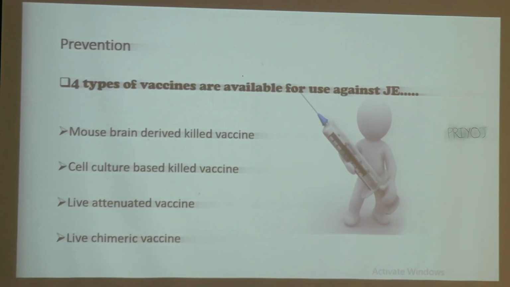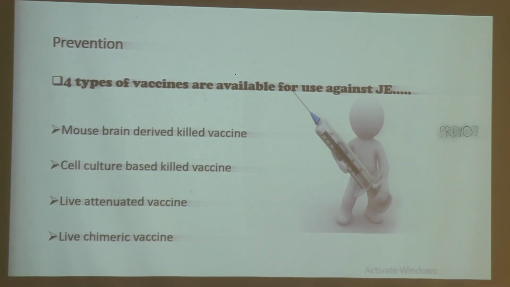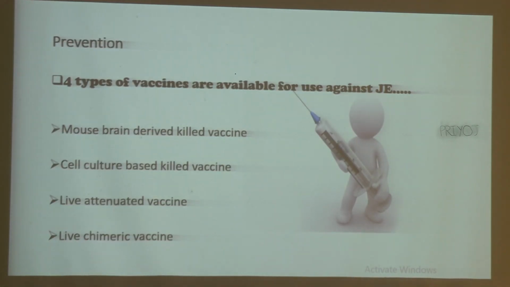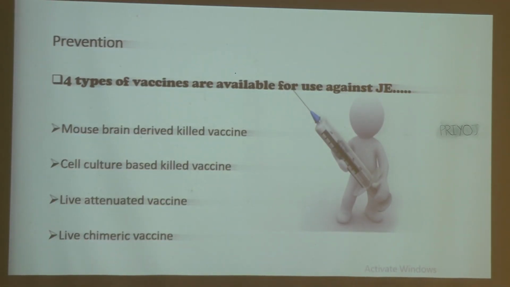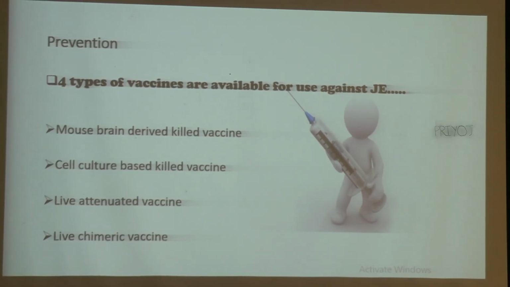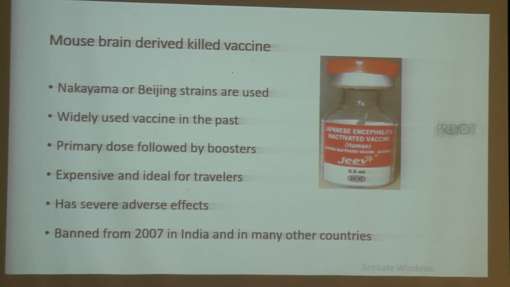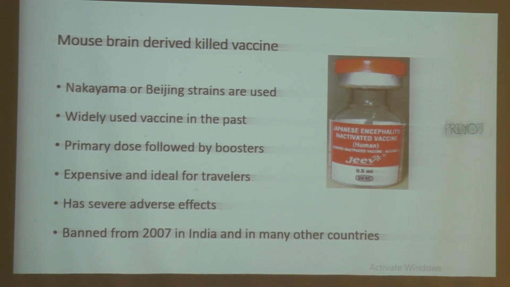So for prevention, 4 types of vaccines are available to use against JE. One is mouse brain derived killed vaccine. Second is cell culture based killed vaccine. Third is live attenuated. And fourth is live chimeric vaccine. This is the mouse brain derived killed vaccine that usually uses the Nakayama or Beijing strain.